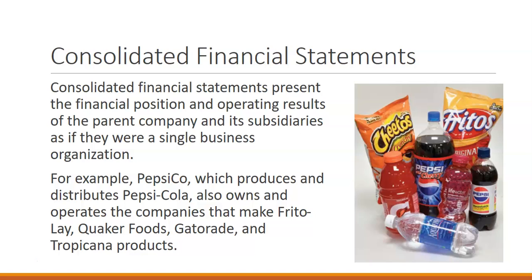And we would have to dig through their notes to look for the amounts that were contributed by the very different subsidiaries that they own. So most companies are combined with several other companies, and that would be the case for their consolidated financial statements.